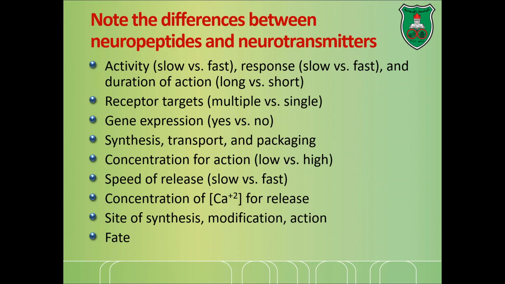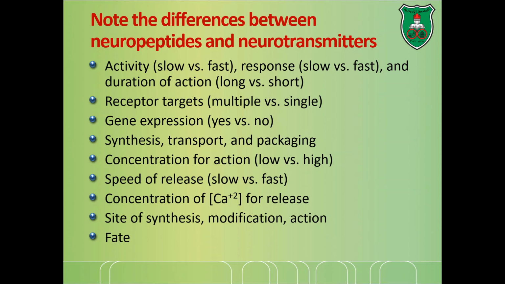There are differences in terms of synthesis, transport, packaging. So we talked about that before. The concentration of neuropeptides that reach target cells is low, but it is high for small molecule neurotransmitters. Speed of release is slow for neuropeptides and fast for small molecule neurotransmitters.